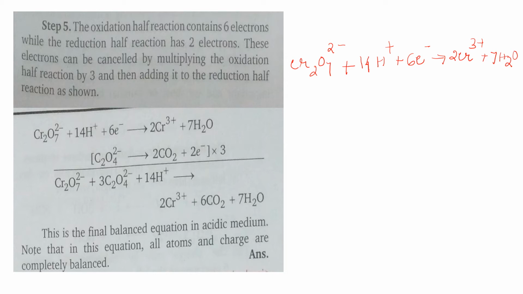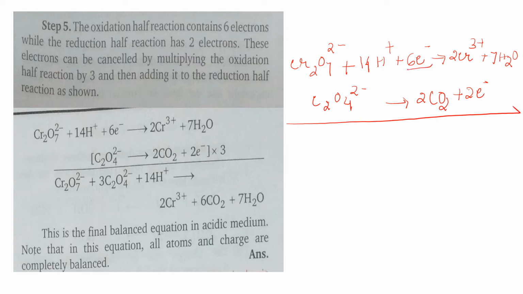And my oxidation half reaction is C2O4 2 minus giving you 2CO2 plus 2 electrons. Now you have to add these two reactions. You can see that in the first reaction there are 6 electrons and in the second reaction there are 2 electrons. So we have to equalize the electrons. How? Multiply this equation by 3.